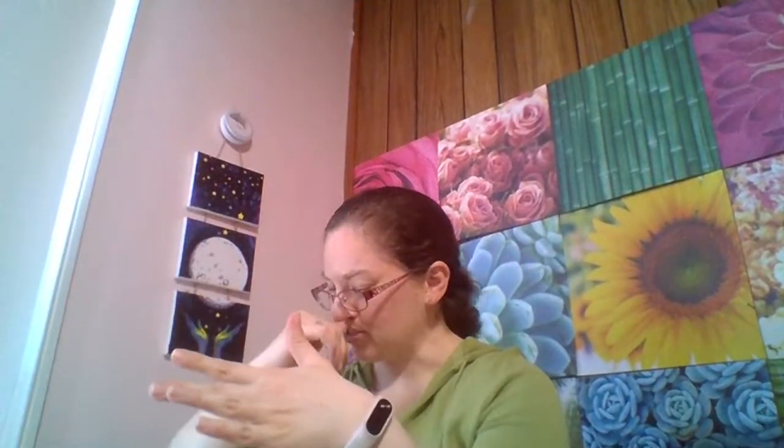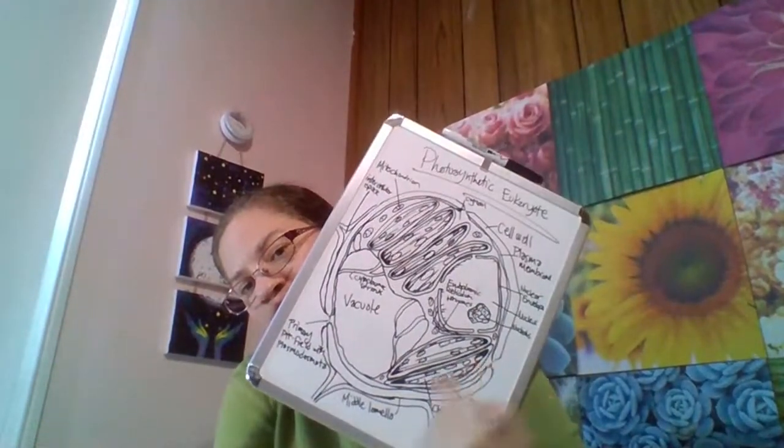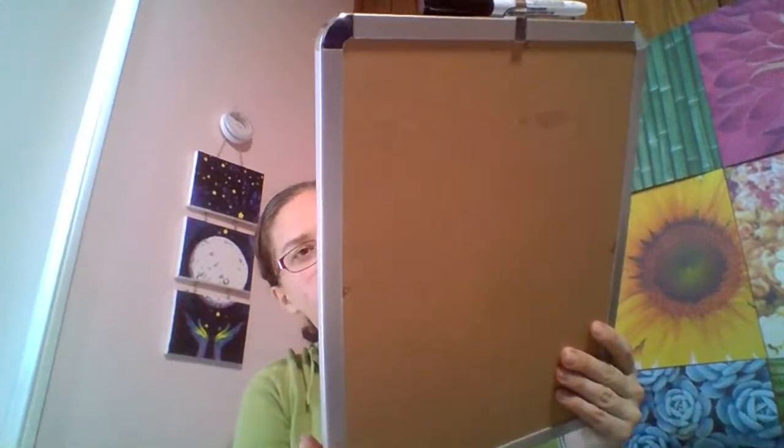So the stroma thylakoids, and chlorophyll and carotenoid pigments are kind of embedded in the thylakoid membranes. So the chlorophyll and stuff in there.